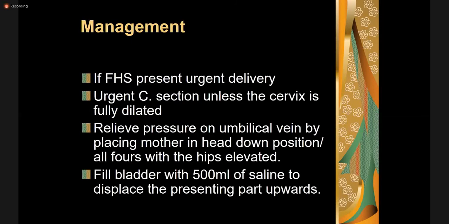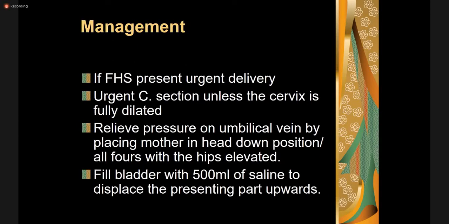The management, in case of cord prolapse, if the fetal heart sounds are present, urgent cesarean section is done unless the cervix is fully dilated. So whenever cord prolapse occurs, you have to see two things: presence of fetal heart sound and the cervical dilatation. If the patient is fully dilated, immediately deliver her by some instruments, a vacuum or by forceps.